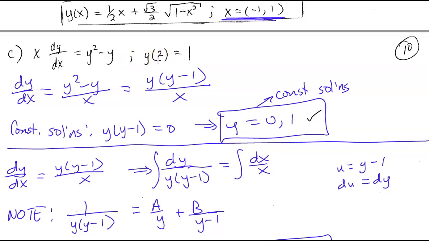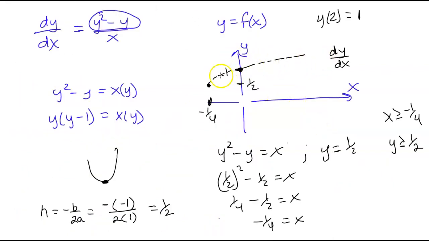I'm hoping that you see what I'm trying to get at here. If this is our initial condition, and these are my constant solutions, and I have to have exactly one solution, and we just went through all of this to show that we would probably have to pick this part for the derivative, then the actual single solution to this differential equation is going to be y is equal to 1.